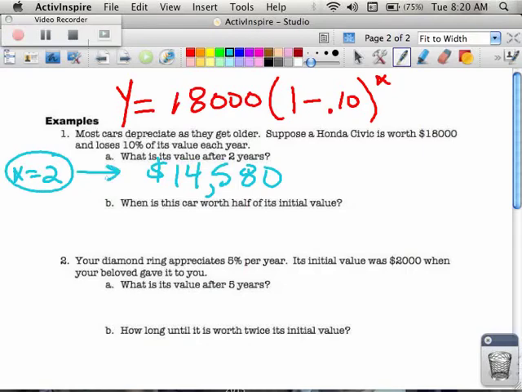Now, if you're doing the half-life, there are a couple ways you could do this. You could, number one, go look in your table and see that. Or, number two, you could say, I want to know when 9,000 is equal to 18,000, and then I'm just going to write down 0.9 this time, instead of 1 minus 0.10, to the x.